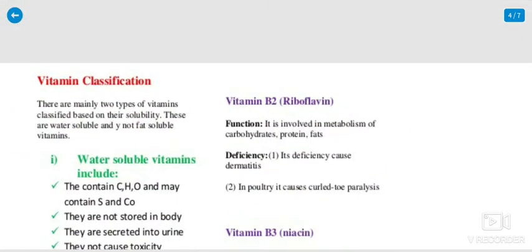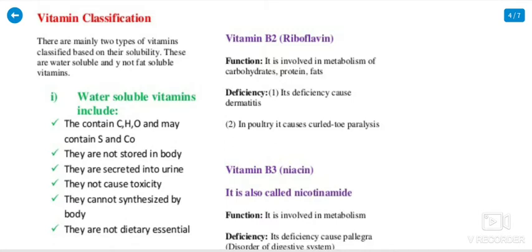And vitamin B2, riboflavin. Its function is involved in the metabolism of carbohydrates, proteins as well as fats. What is the deficiency of B2, that means riboflavin? It causes dermatitis, that means a skin disorder.